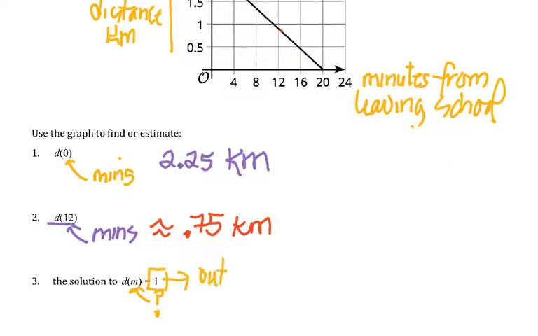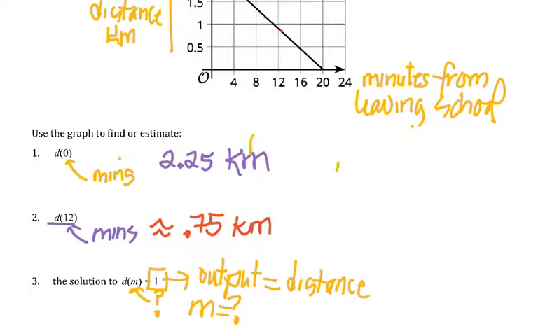That is my distance. So my distance is equal to 1. So what I want to know is, what is m? So m is question mark. How many minutes is m when he's 1 kilometer away?